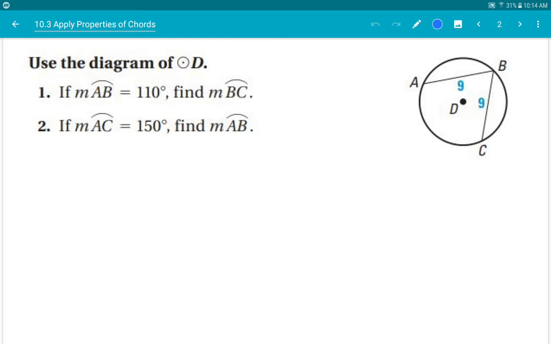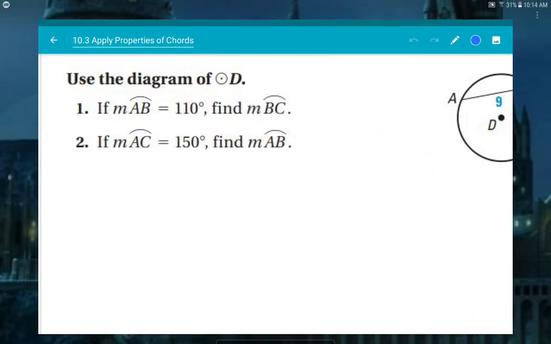Okay, so use the diagram of circle D. Question 1: if the measurement of arc AB is 110 degrees, find the measurement of arc BC.